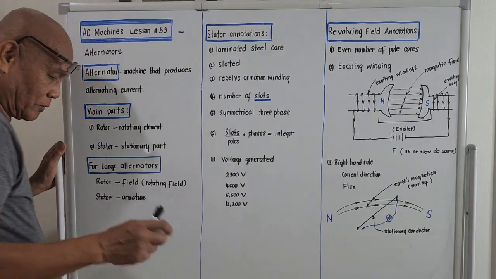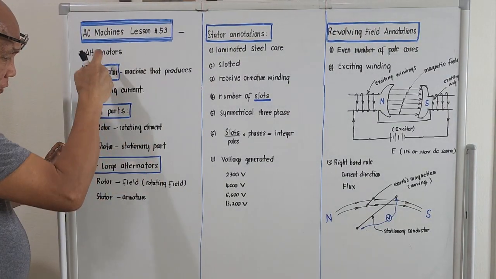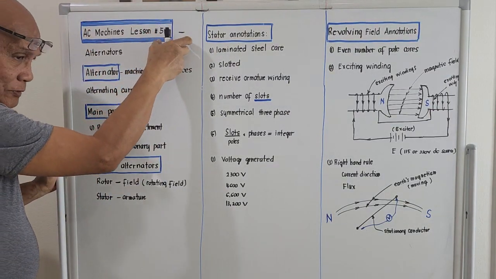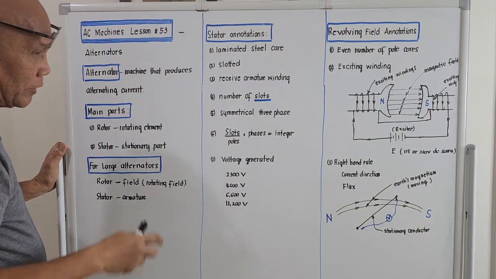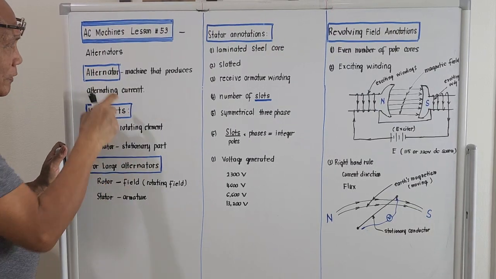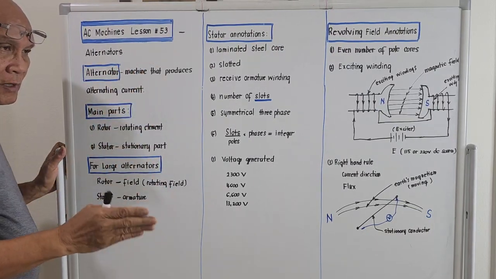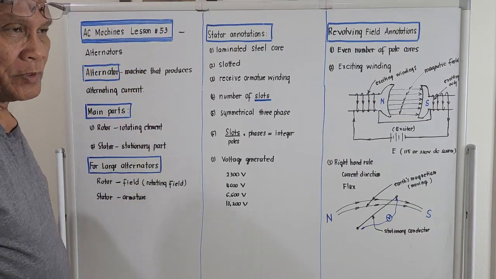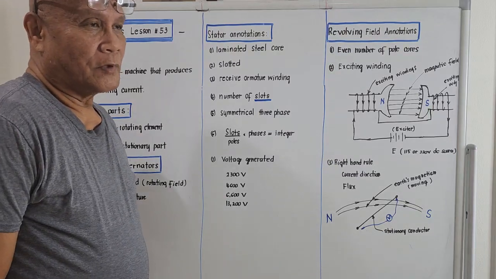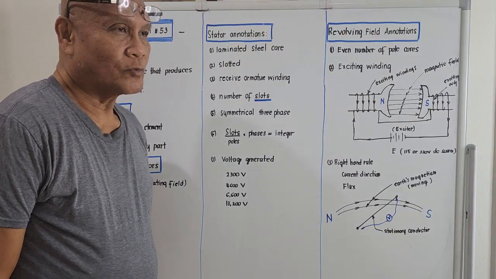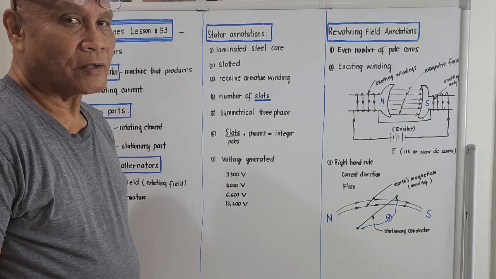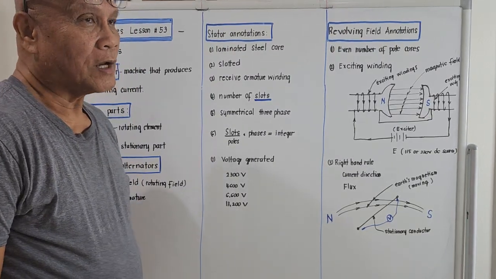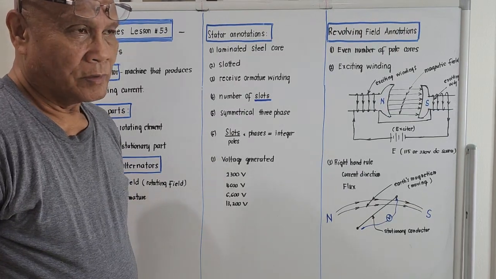The title of the topic for this morning will be AC Machines, lesson number 53, the first lesson under alternator, and the title of the topic will be alternators. The general term is generator, but when we say generator, it could either be a direct current generator or an alternating current generator.